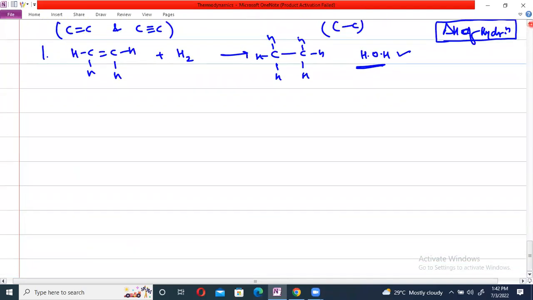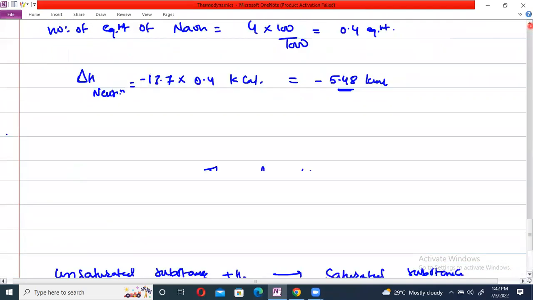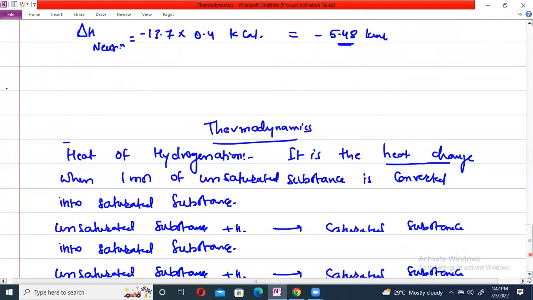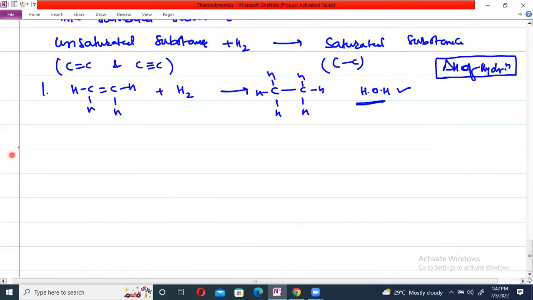We can say that for this reaction, because the compound is unsaturated and we are able to add hydrogen to it, right? We are able to add the hydrogen to it.